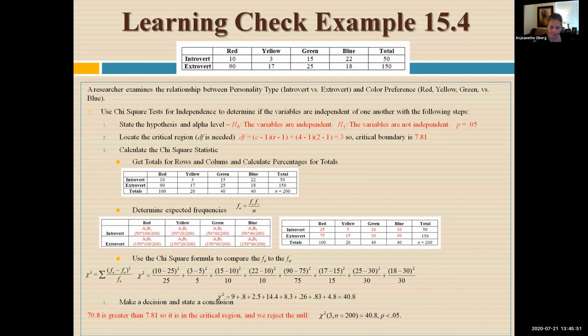They actually do have a relationship, or we can say that color preference is based on your type of personality, where we see extroverts are significantly more likely to prefer red than we see introverts, right? Okay.